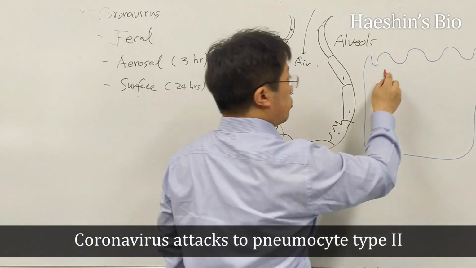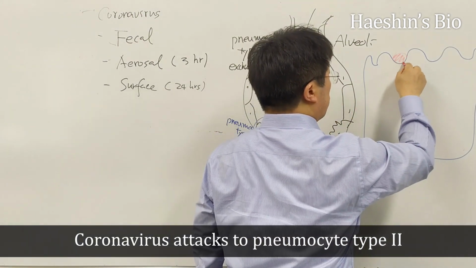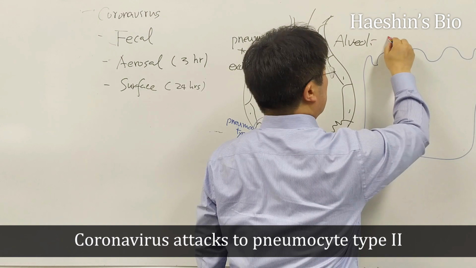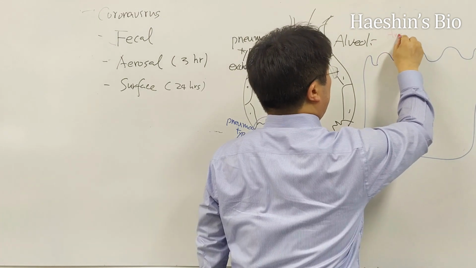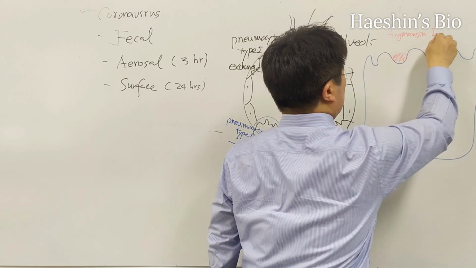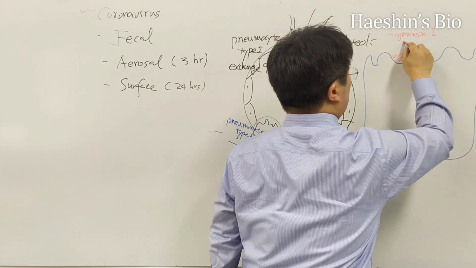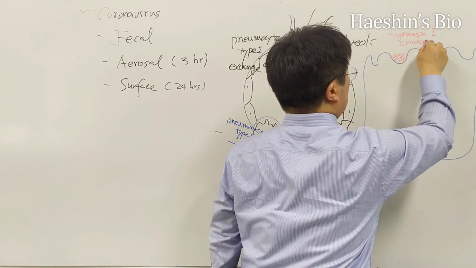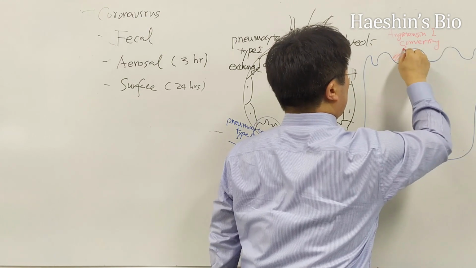It's called ACE. We call it angiotensin 1 converting enzyme.